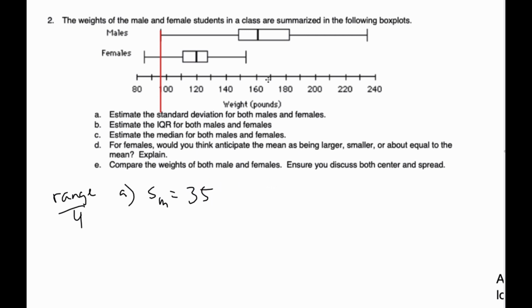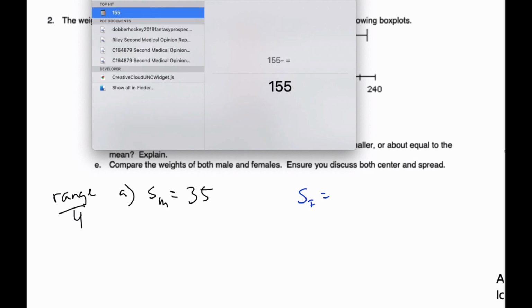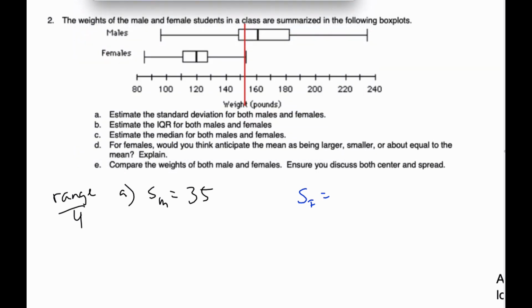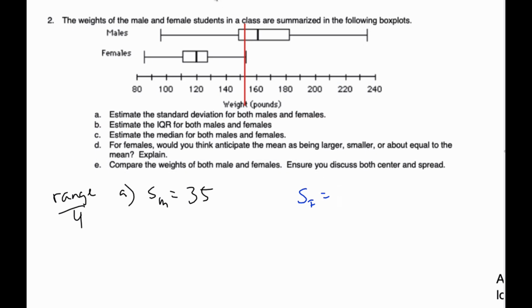And the standard deviation for the females, if I move this along, I can see this is about 85. That is about 155. So 155 minus 85 is 70, and 70 divided by 4, I get about 17.5.